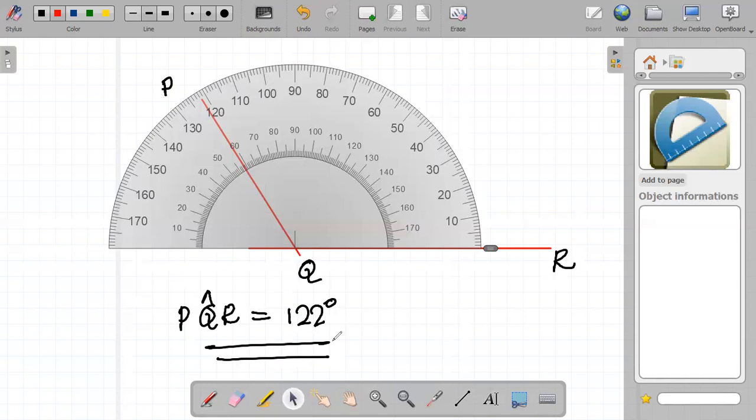Yes, sir. Now let's move to exercise 9.3, page number 99. Okay, sir. Shinal, now we have a few angles given. Write down the magnitude of each of the angles using the given figure.